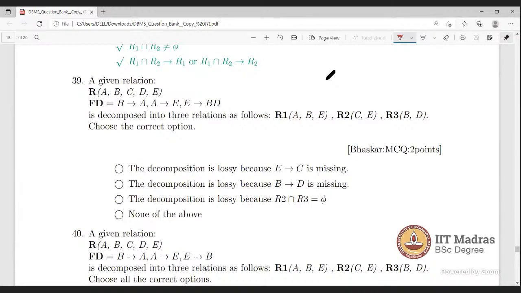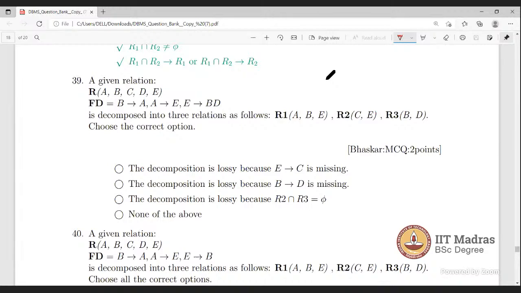Now we combine R13 with R2. A, B, E, and D are in R13, and R2 has E, so only E is the common attribute. We need to check whether E goes to C in R2, or E goes to A, B, and D in R13.